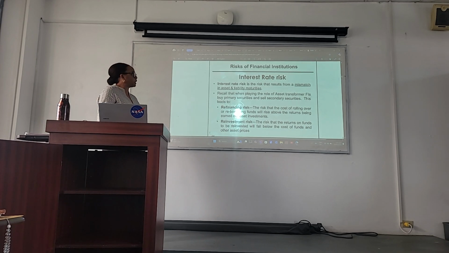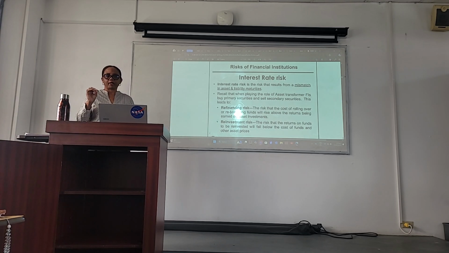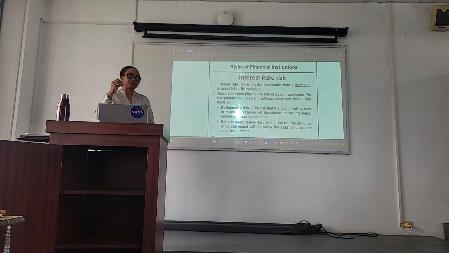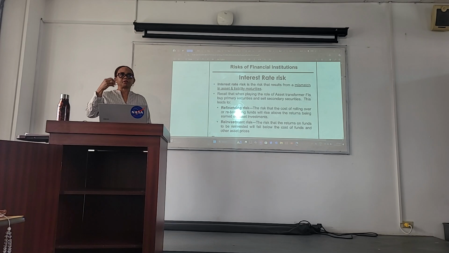We spoke about interest rate risk, and interest rate risk is broken down into two elements. All right? So you have interest rate risk comes from the risk of refinancing and reinvestment. So what does that mean? Let's start with reinvestment risk. Okay? And reinvestment risk generally comes from purchase of bonds.